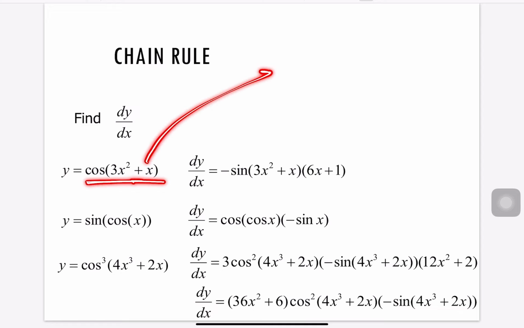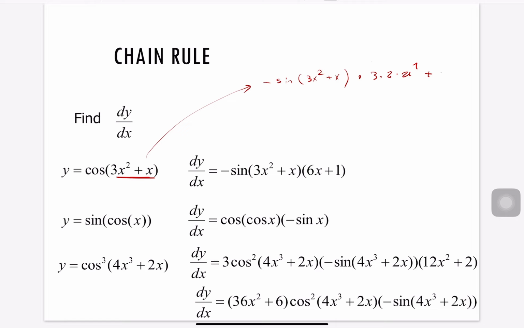We have to find the derivative of it. The cosine derivative will be minus sine of 3x^2 plus x, multiplied by g(x). The derivative will be 3 times 2 times x, power 2 becomes power 1, and the derivative of x will be 1.